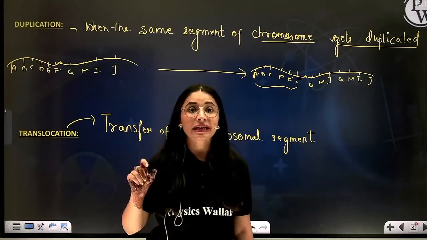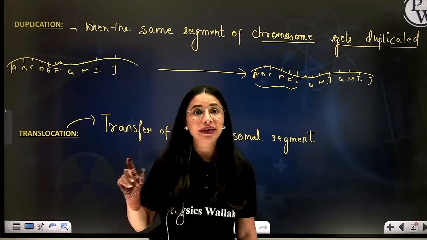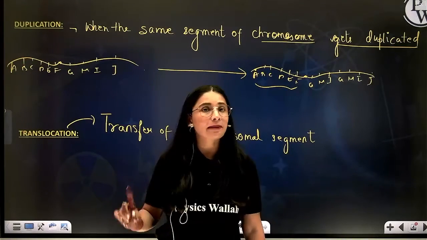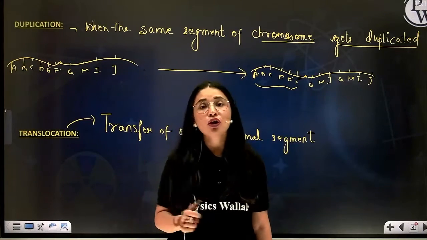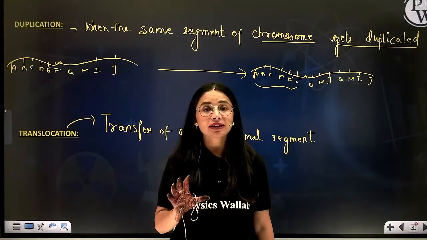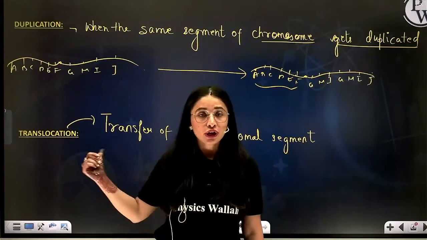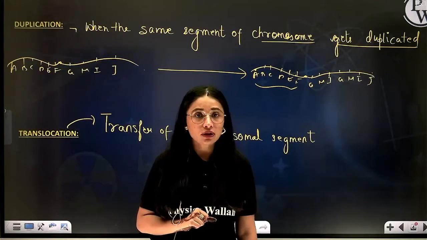That is called illegitimate crossing over. Illegitimate means not accepted, wrong crossing over, which will cause a number of problems. For example, there is one type of cancer caused due to illegitimate crossing over.